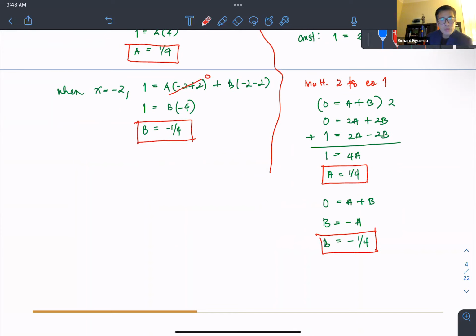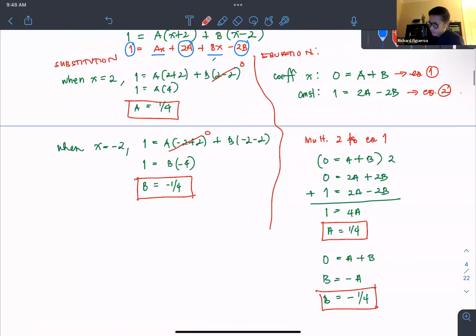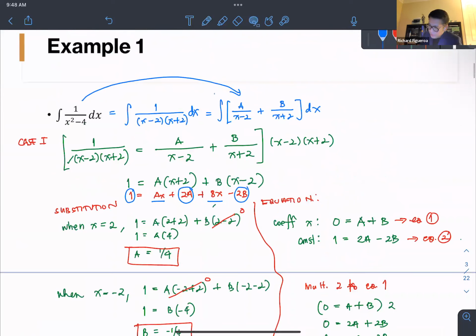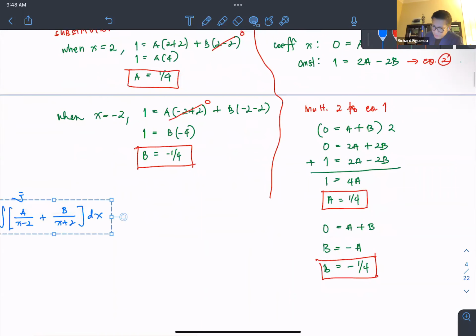So a is 1/4, b is negative 1/4. Now that we know what a and b are, I can now use this one, because this is the equivalent partial fraction of the original integrand.